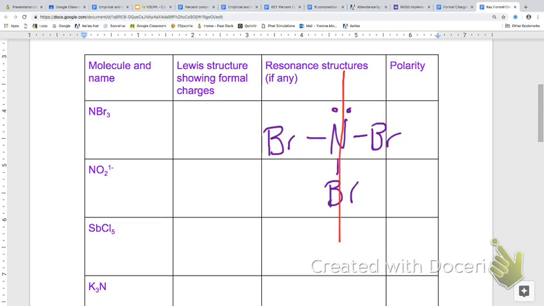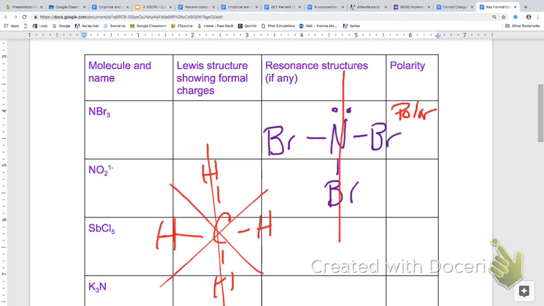The only line of symmetry we have on that structure is straight down the middle, so we would have to call this one polar. Anything else like methane would have more than one line of symmetry, so we could divide it in multiple ways and have identical halves, and that would cause it to be nonpolar.